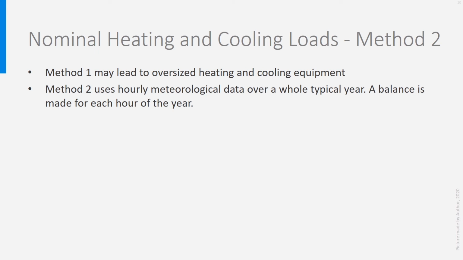So, for a proper estimate of cooling loads, we would need a dynamic model, which is not the subject of this course. However, making static balance calculations per hour over a whole year using meteorological data representative for the real weather would already be helpful.